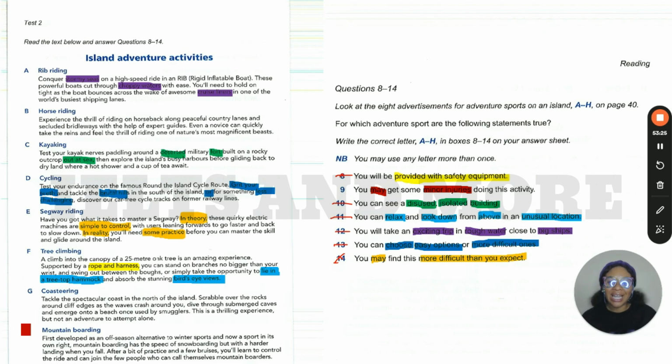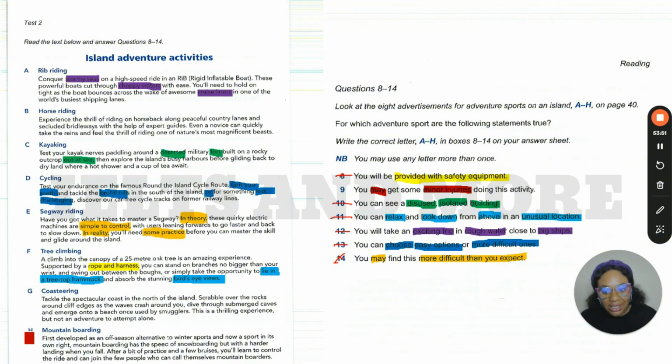Now, if you've been very careful and you're sure of everything you've answered, and now you're down to just 1 paragraph, you should know automatically that's your answer. But just to be safe, go ahead and read it. Mountain boarding, first developed as an off-season alternative to winter sports and now a sport in its own right, has the speed of snowboarding but with a harder landing when you fall.